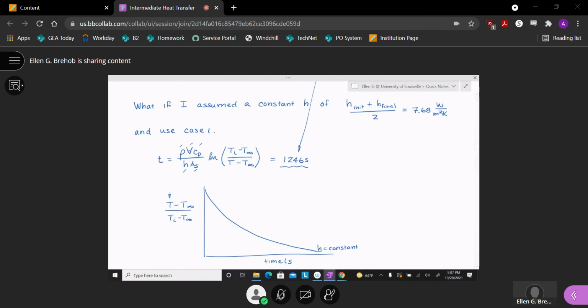When I have this free convection, that gives me a higher heat transfer coefficient when my delta T is larger. So when I initially put this object to be cooled down, let's see if I can sketch this, I have a little bit higher. I did them backwards, so let's do this is my constant H. And let me change this guy.